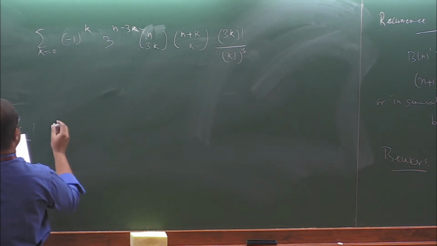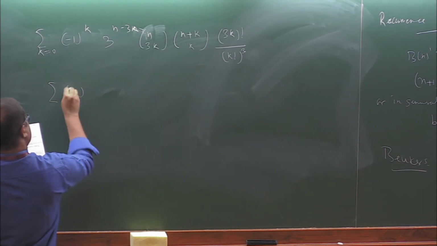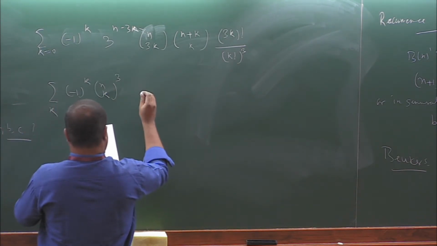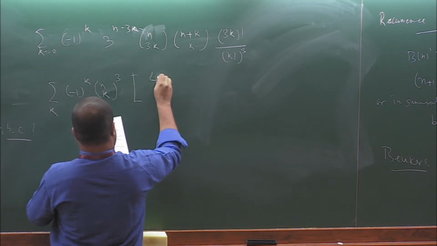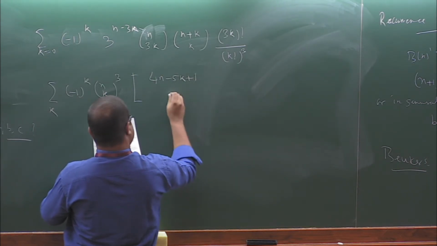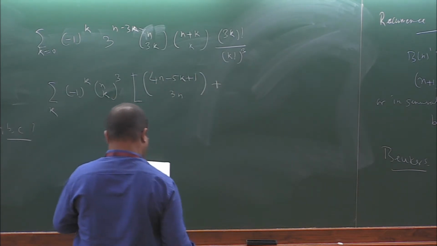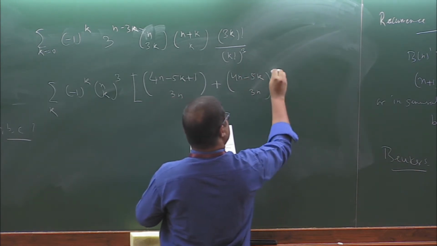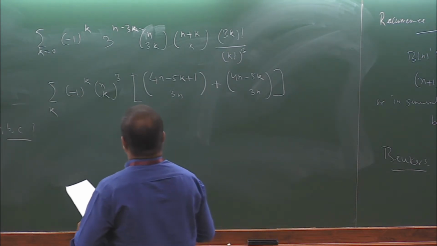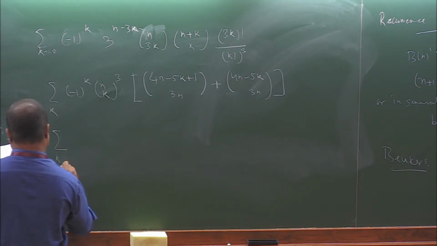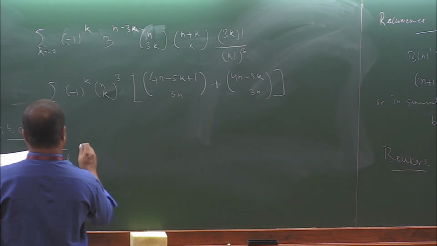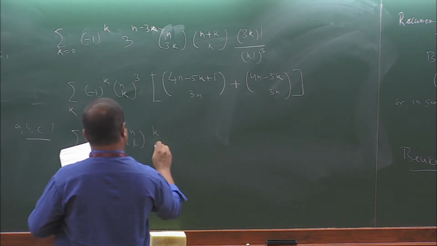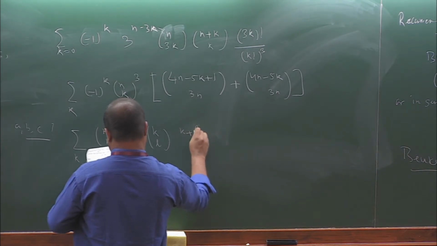And let me write another sequence, with minus 1 choose k, and n choose k cubed, with a term like 2 plus 4n minus 5k, 3n. And the last sequence is a double sum, n choose k squared, n choose l, k choose l, k plus l, n.